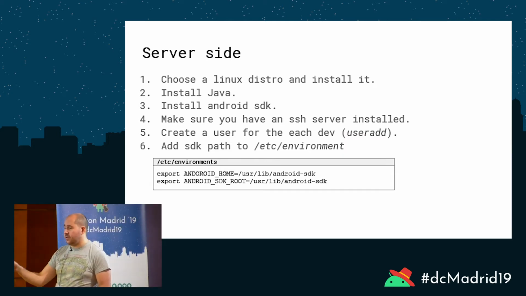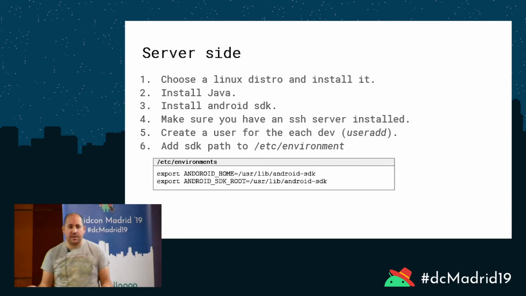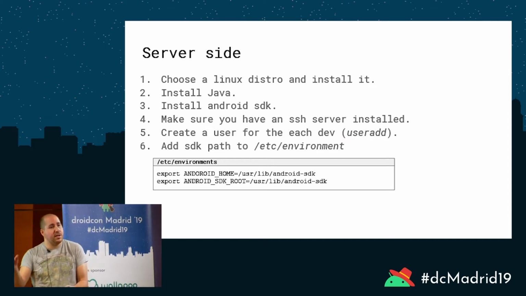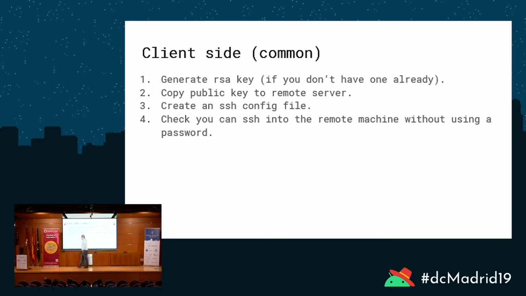I'm not 100% sure if that's only for Debian-based, but that's like having the local.properties in your local machine, which has the path to the SDK. It's different from the one you have on your remote machine, obviously. But that's a similar thing to what you would do if you were installing a CI server, like Jenkins or something like that. Very, very similar. So everyone was expecting something like this.